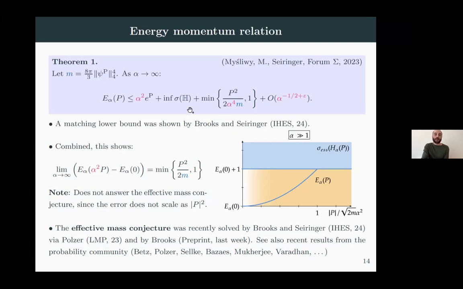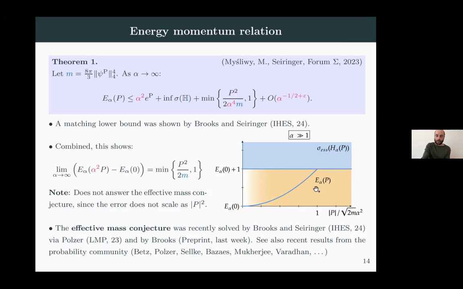And now if you combine the upper bound and their lower bound, then you can conclude the following statement: if you look at the energy momentum relation on its natural scale, which is of order alpha squared, as you can see from the picture that I motivated in the previous slide, then in the limit this really corresponds precisely to this parabola that we expected.